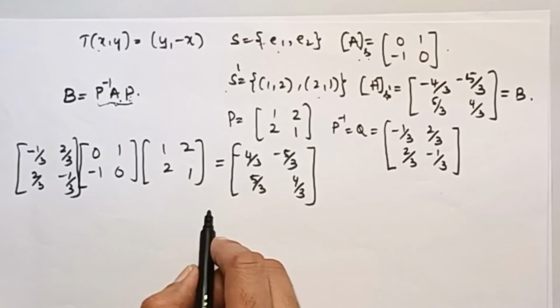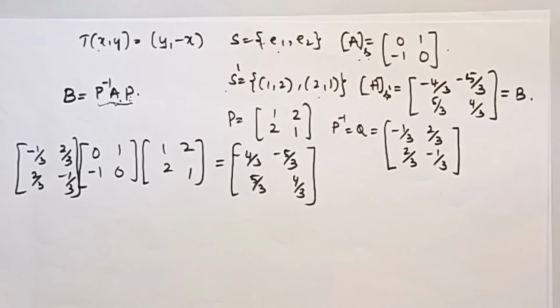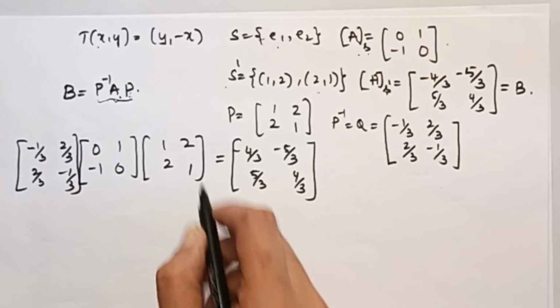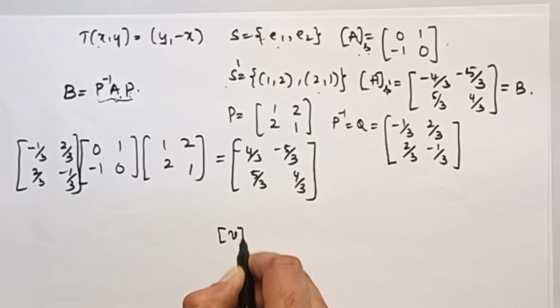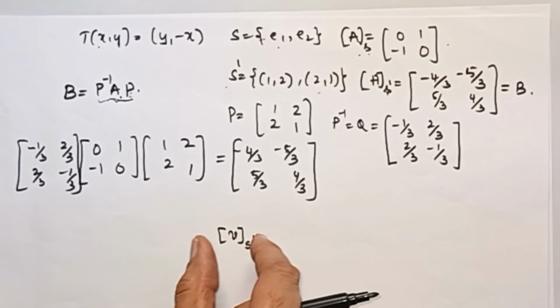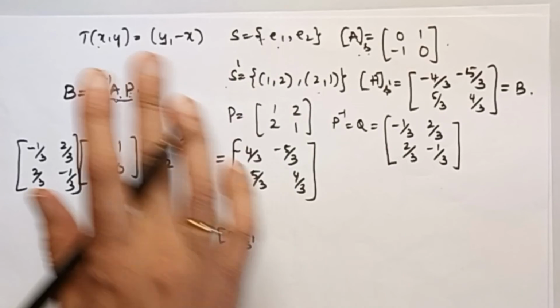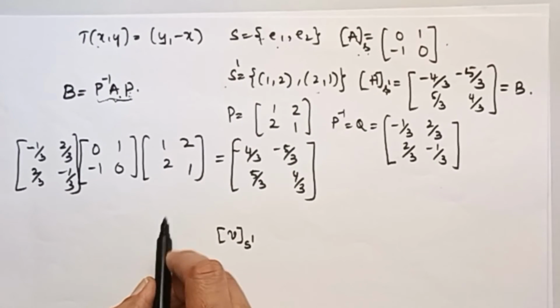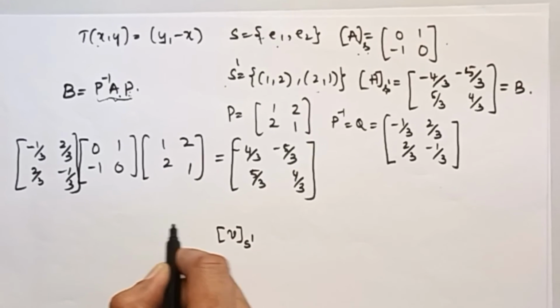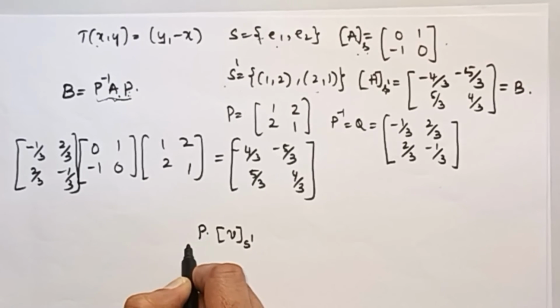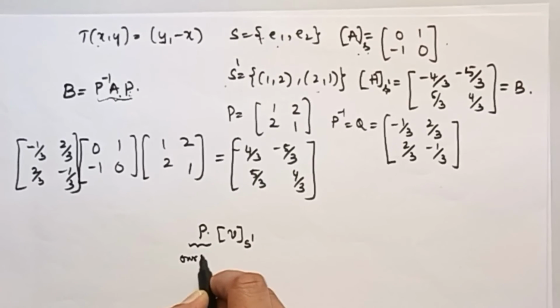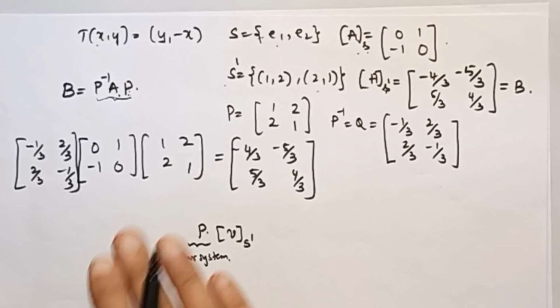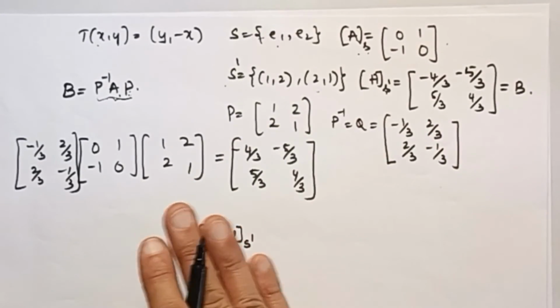So if you have a vector in S dash, we want to find out where it goes to after applying the transformation. For that, first you have to write the change of basis matrix from our system to the new system, S to S dash.